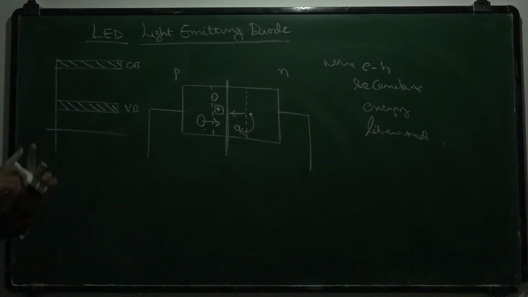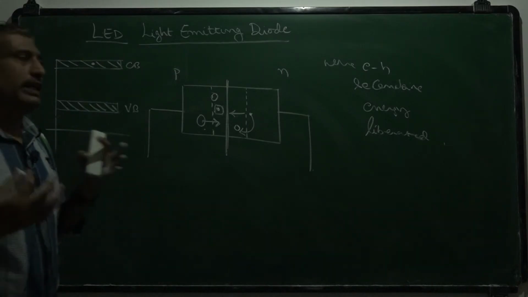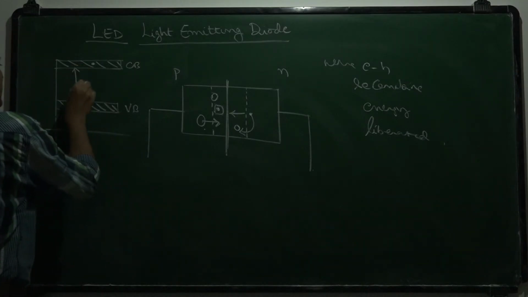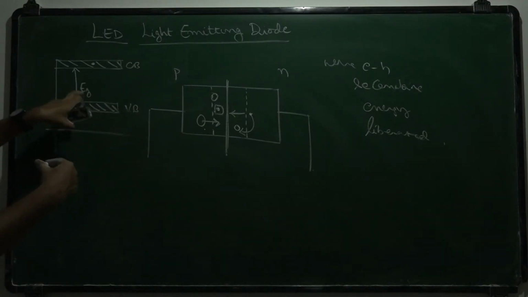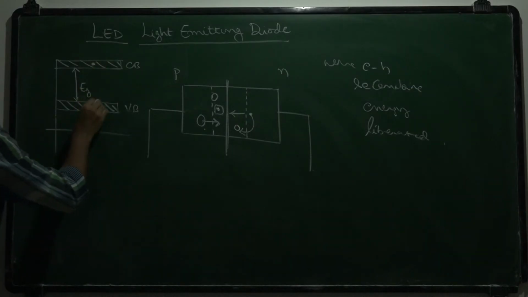When an electron in the valence band absorbs an energy equal to Eg, the forbidden energy gap, it will excite to the conduction band, leaving a hole in the valence band. This we know.